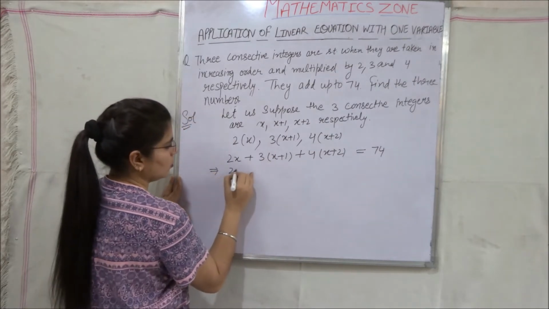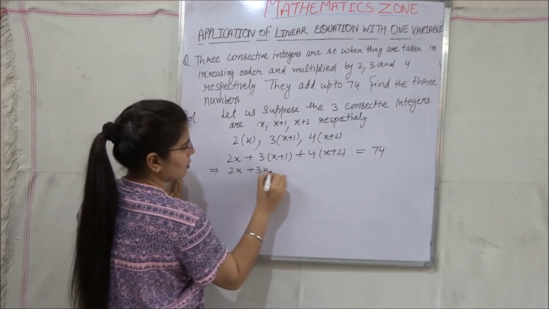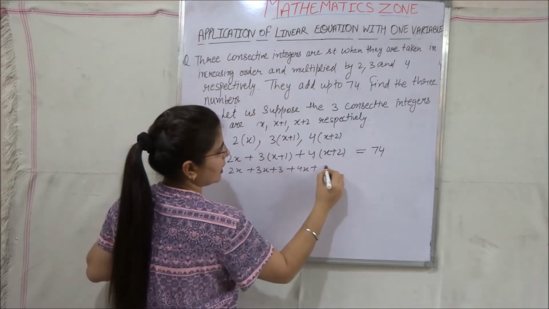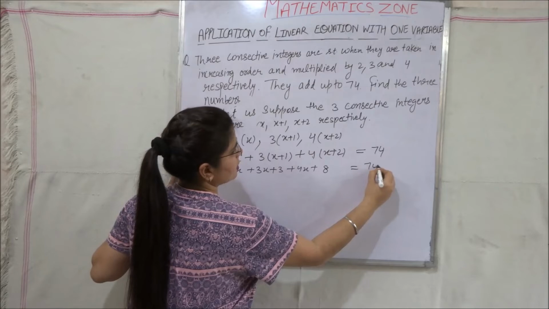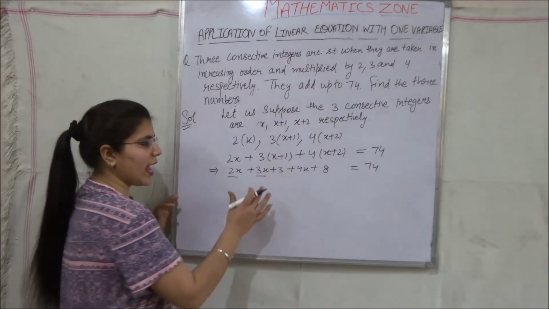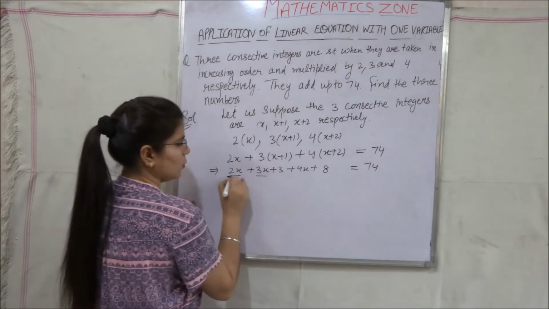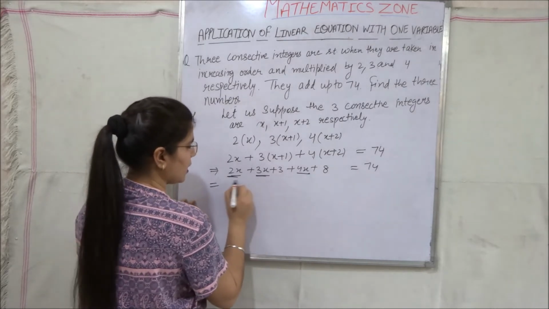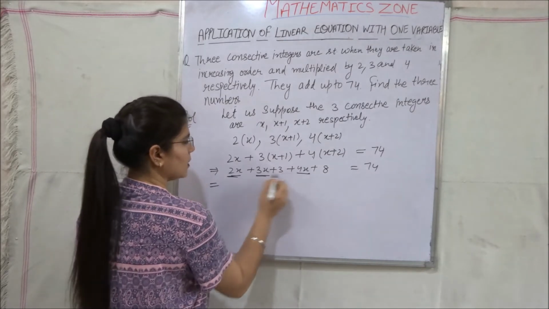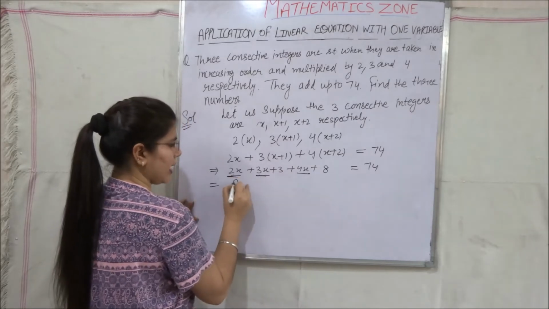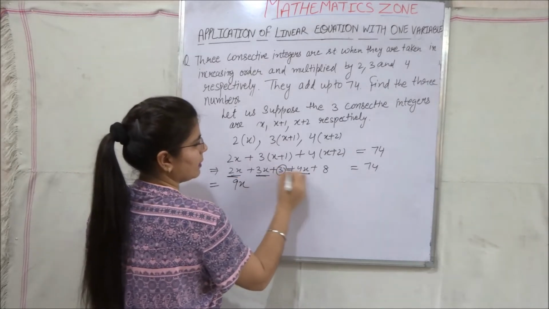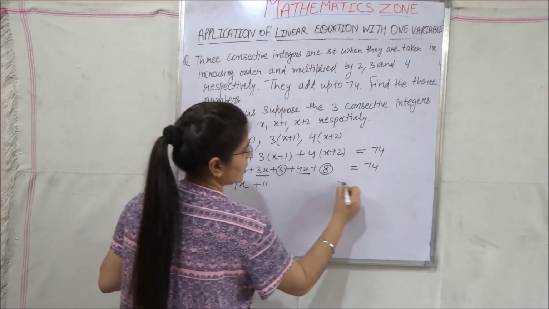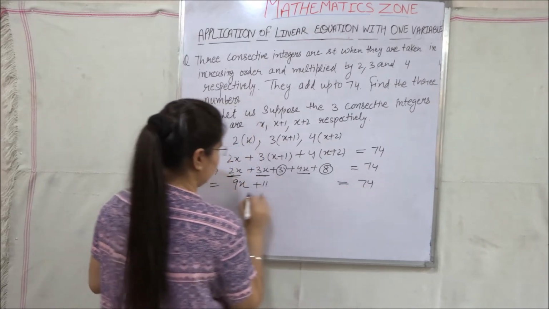Now, 2x plus 3x plus 3 plus 4x plus 4 times 2 is 8, equals 74. Now we will add the like terms 2x, 3x and 4x. This will become 4 plus 3 is 7, 7 plus 2 is 9, 9x, and 3 plus 8 is 11. This will be equal to 74.